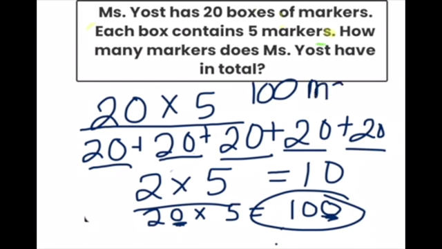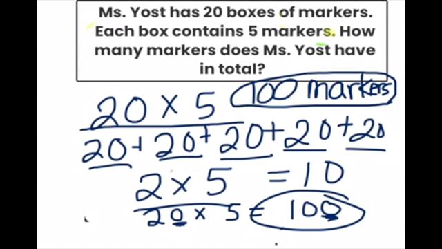So how many markers does she have altogether? 100 markers. So anytime we have a story problem like this, it's really important. Highlight the information that you know will be very helpful, like the numbers. Sometimes highlighting the question will help you because then you'll see that this is what I need to find, the total.